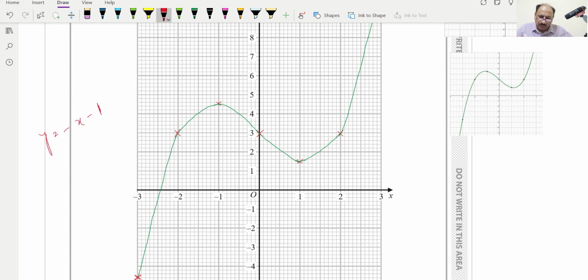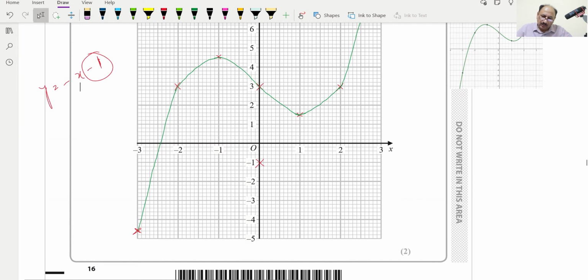It's passing through minus 1, because this is the y intercept, minus 1, and the gradient is also minus 1. So 1 unit right and 1 unit down, so this will be the second point.